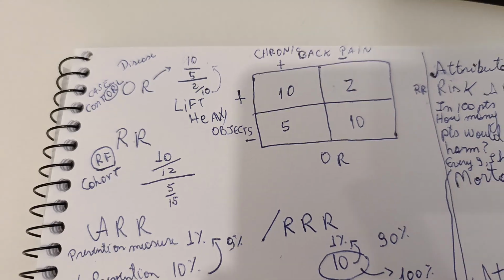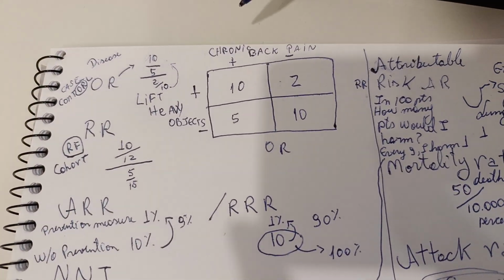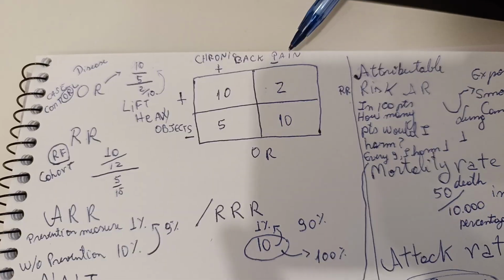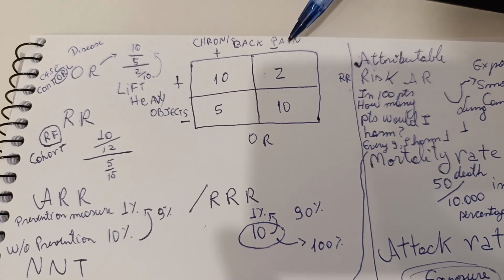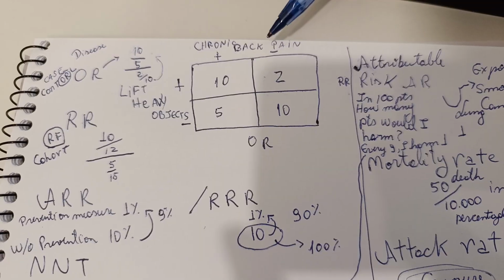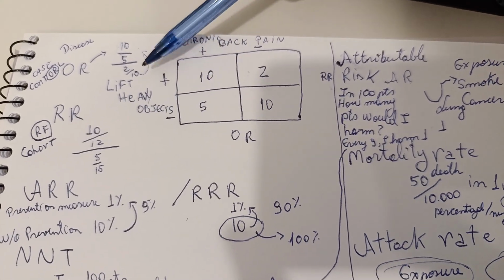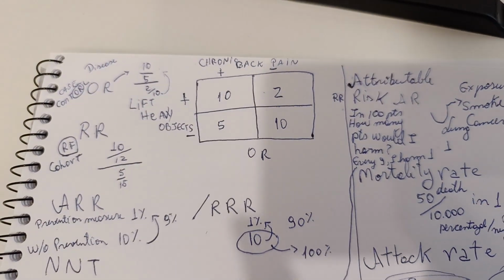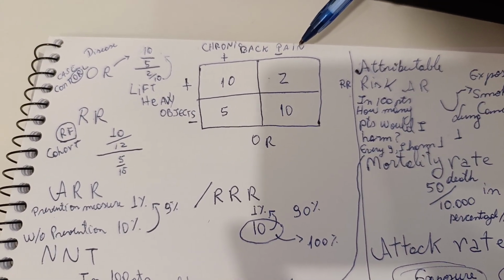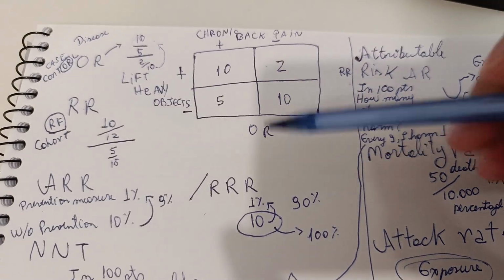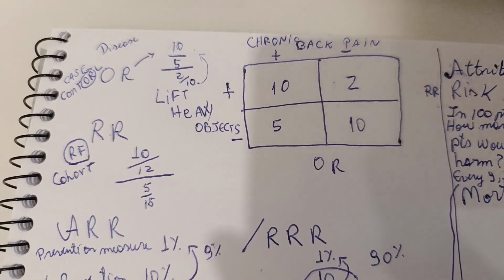So in odds ratio, the logic is if we have, for example, chronic back pain, this is actually the disease, or in some tables it can be the truth, and here the test, but in this case is the risk factor and the chronic back pain, the result. So in odds ratio, we start with the disease.